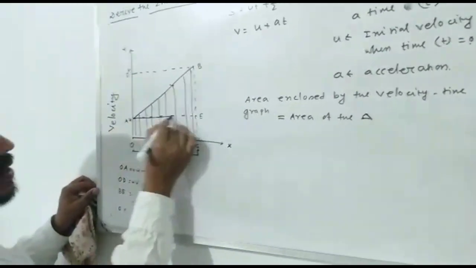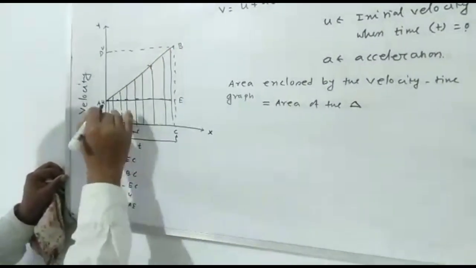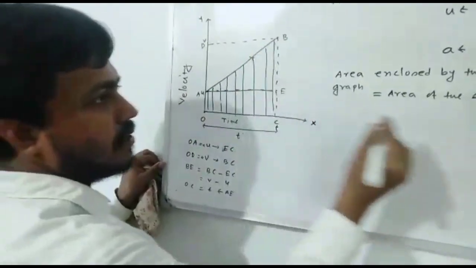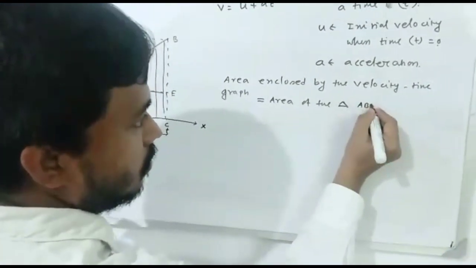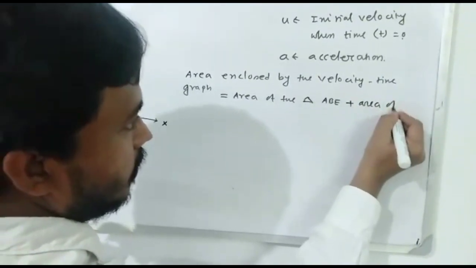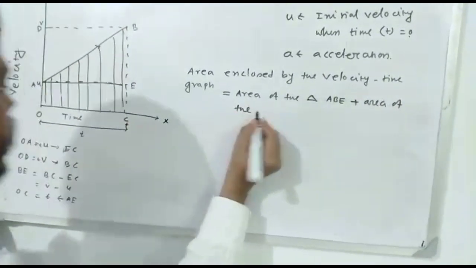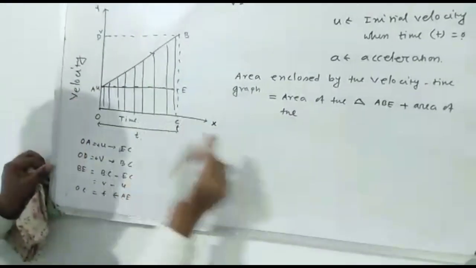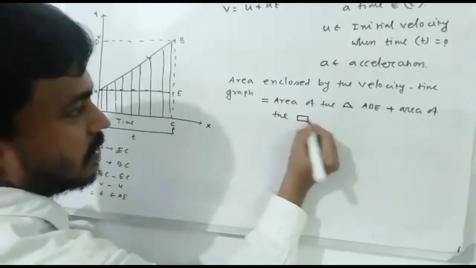First we can segregate into two parts: area of the triangle ABE plus area of the rectangle OAEC.